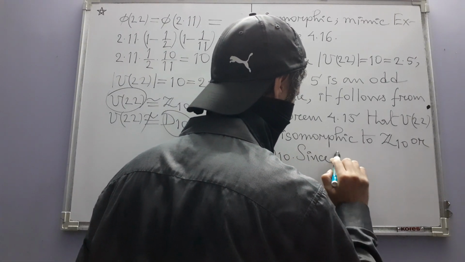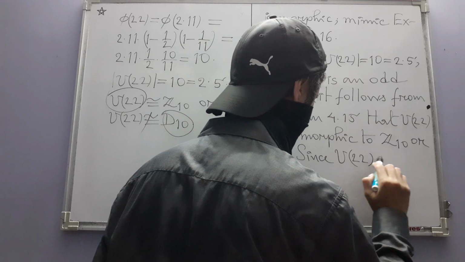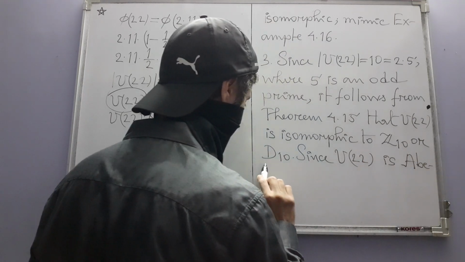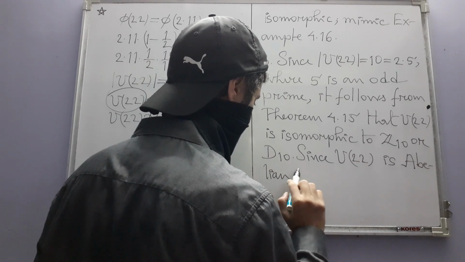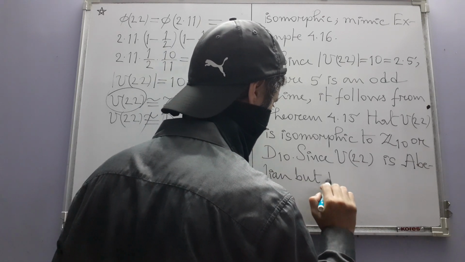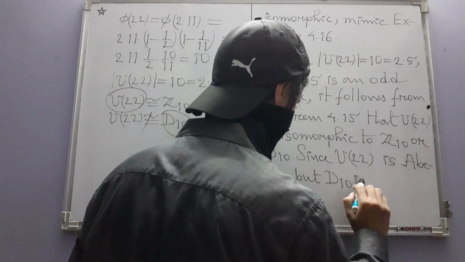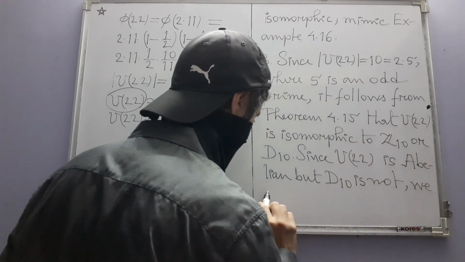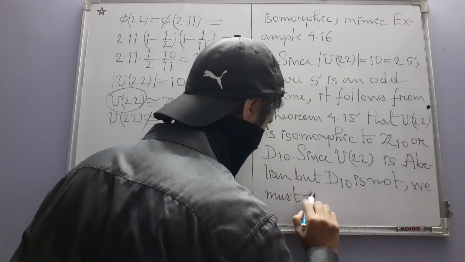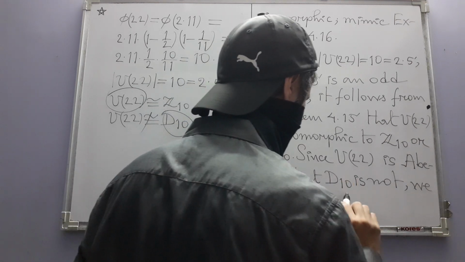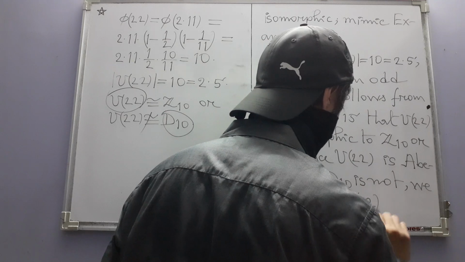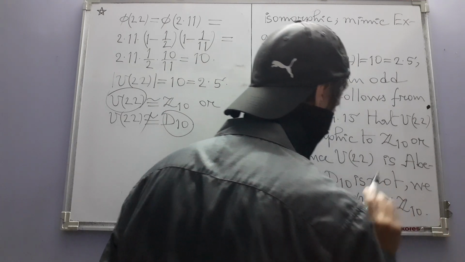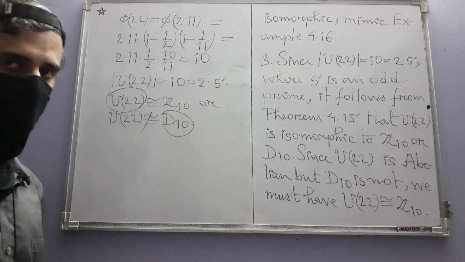Since U22 is abelian but D10 is not, we must have U22 isomorphic to Z10, and that's why the two given groups are isomorphic.